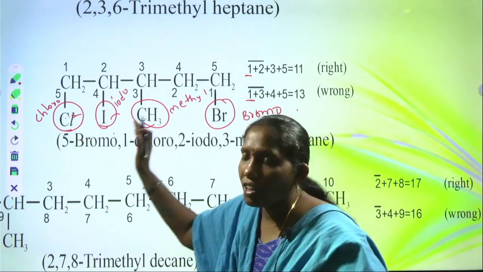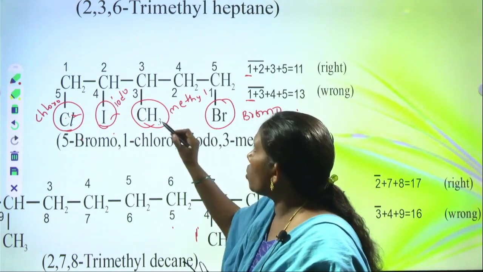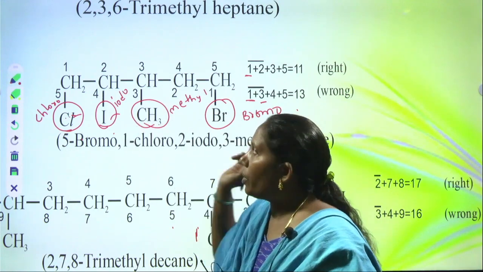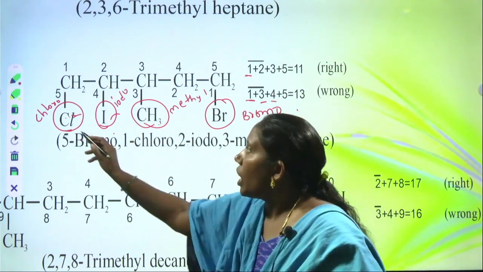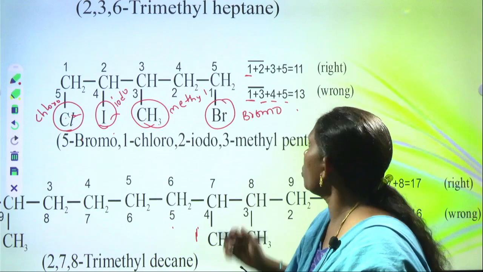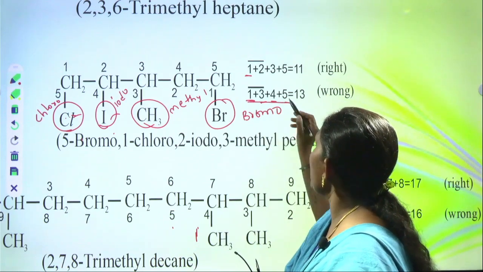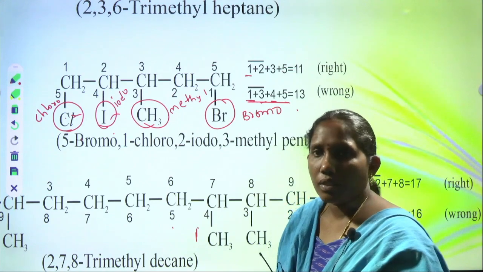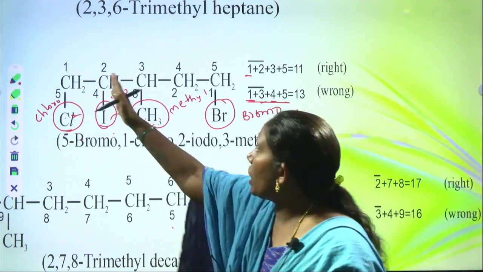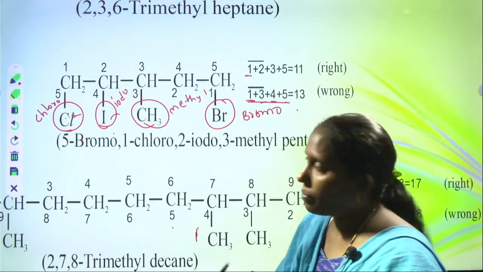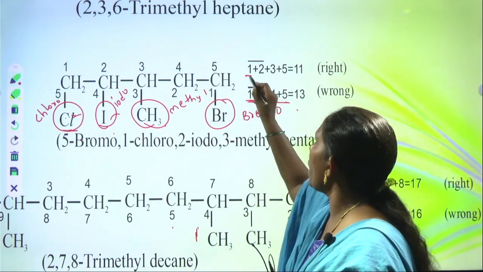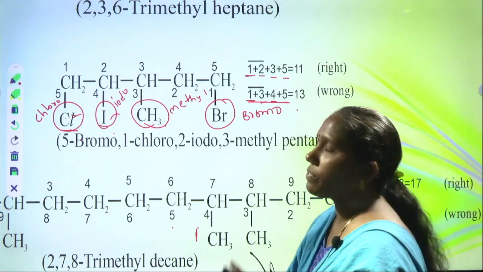Methyl, if you go from right to left, is in third, iodo is 4 and chloro is 5. So 1 plus 3 plus 4 plus 5. If you do numbering from the chlorine side, chloro, iodo, methyl, bromo: 1 plus 2 plus 3 plus 5.